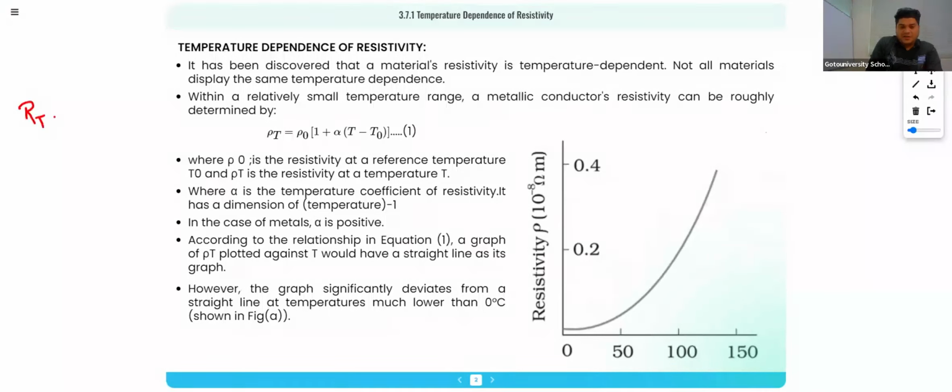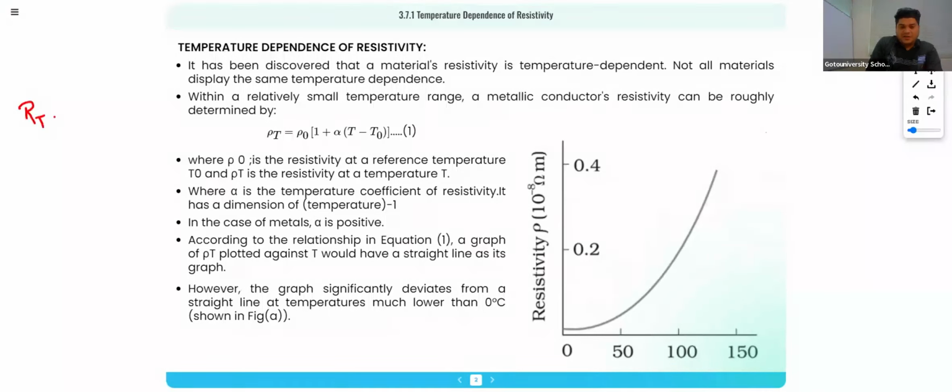Okay, so let's see some questions related to it. First question: resistivity of semiconductor decreases with dash of a temperature.